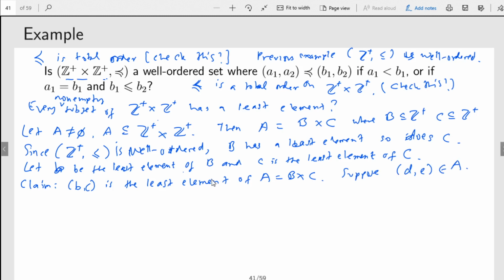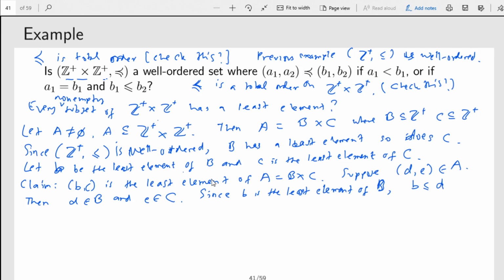Now then we know that d is in B and e is in C. Since b is the least element of capital B, we have that b is less than or equal to d.